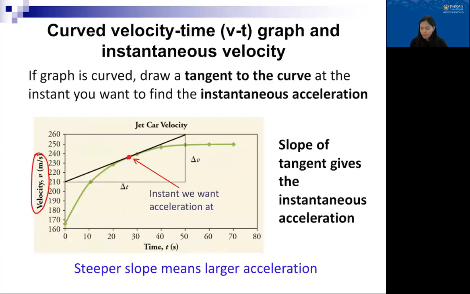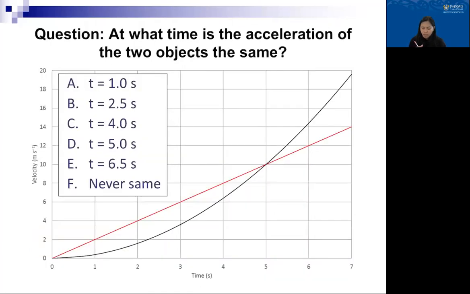Right. Okay, so check this question out. You have here two objects. You've plotted their motion. So one object has this straight line graph, the red straight line graph, while the other object has this curved velocity time graph here.